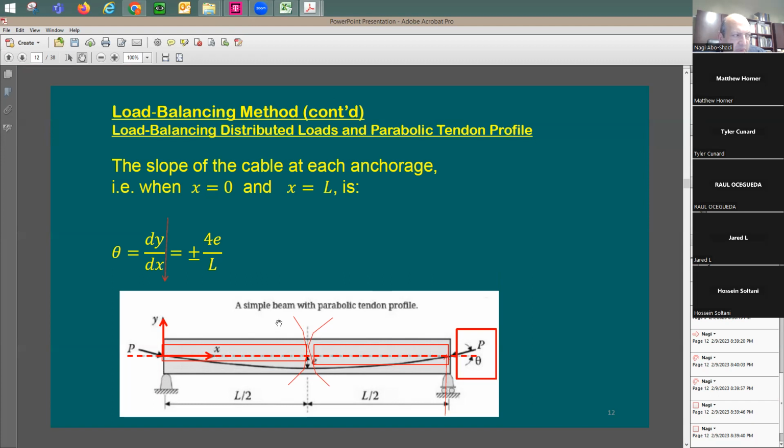Because also someone's going to say, if I may have another moment coming here, the amount of vertical force is going to be equal to the summation of these two moments divided by the span. So this is going to be M, this is going to be L over 2. This is going to be ML over 2. So I'm going to have a force here trying to push this up or down.